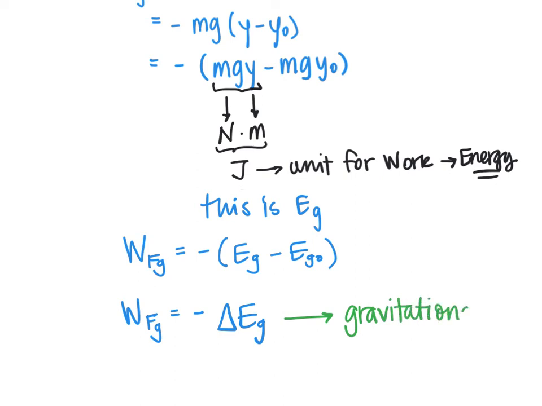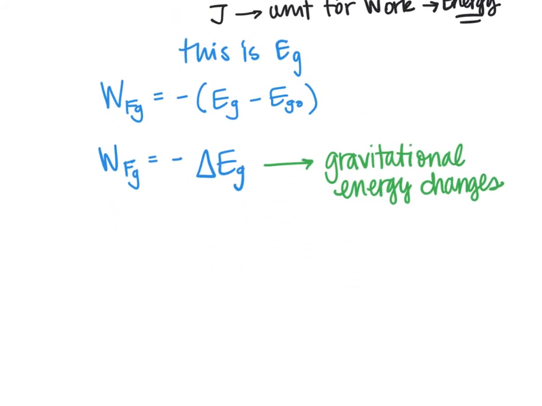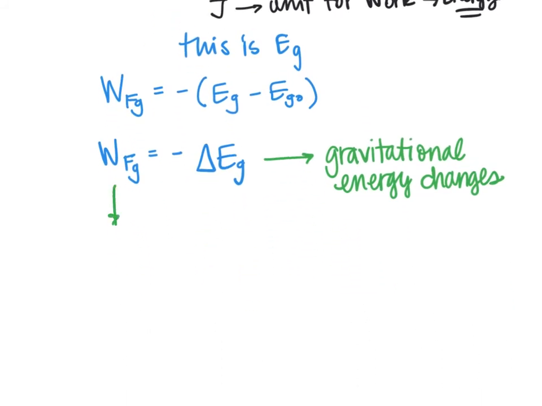So think about it, as the Earth is pulling the object down, it's doing positive work, but when an object is pulled down, it's going to a lower energy state. So this work done by the gravitational force is causing a change in the gravitational energy.